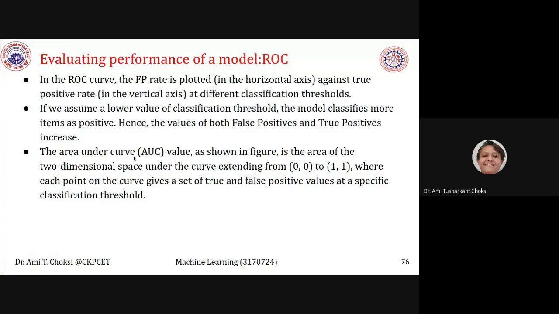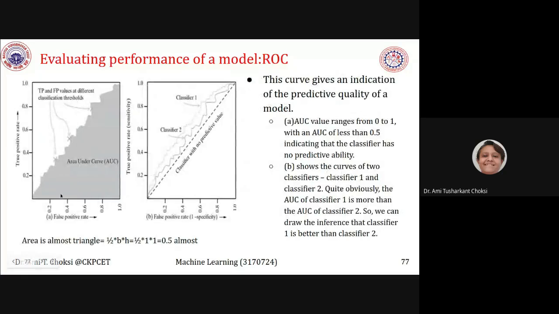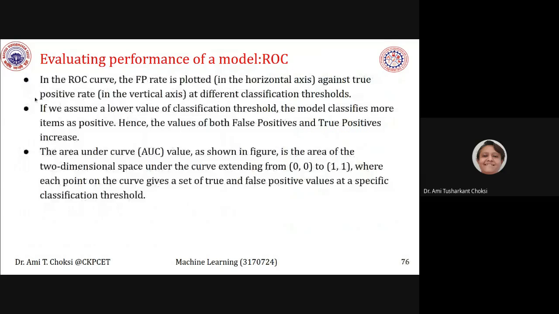The area under the curve, as in the figure, is the area of two-dimensional space under the curve extending from 0,0 to 1,1. X is 1, Y is 1. So we can say it is extending from 0,0 to 1,1, where each point on the curve gives a set of true and false positive values at a classification threshold.